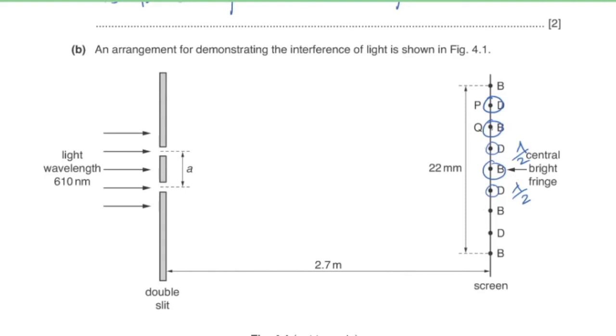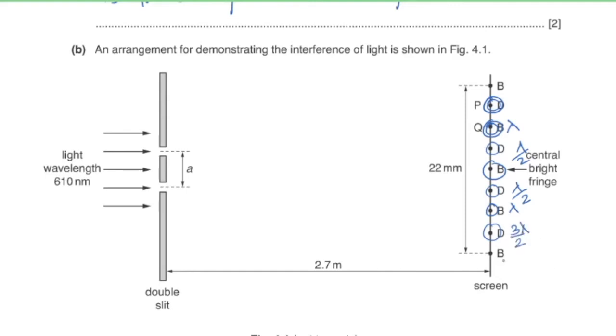Next the Bs, this one and this one. They will have a path difference of a complete wavelength, 1 lambda, which makes these fringes bright. And now at P, and this D, which are dark fringes, they are supposed to have a path difference of 3/2 lambda.